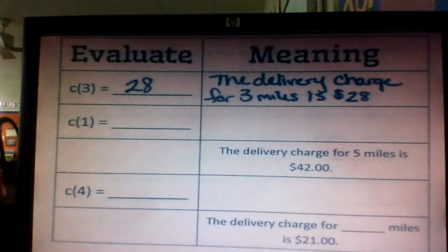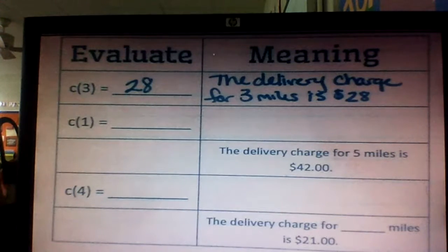Ladies, I know you're finished, but I need you to stop talking. Thank you. So if they have to drive 3 miles to deliver something to your house, they're charging you $28 on top of what you also paid for the item.